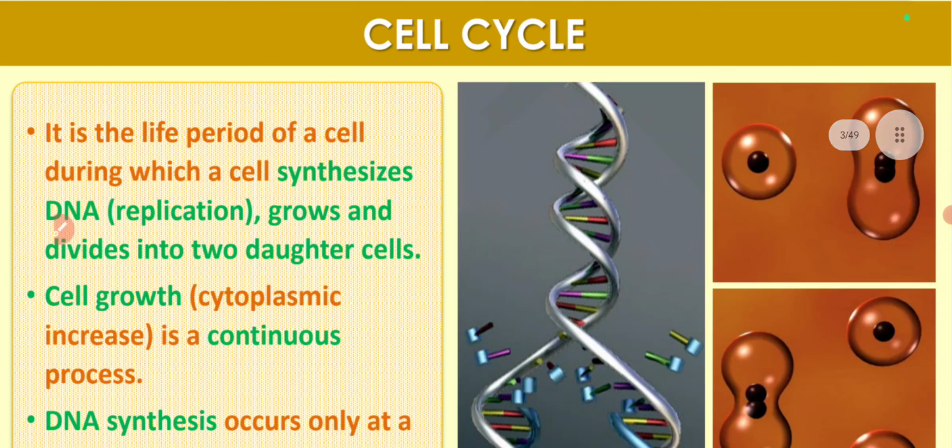Next is the cell cycle. Cell division is a very important process in all living organisms, and during the division of the cell, DNA replicates and cell growth also takes place.